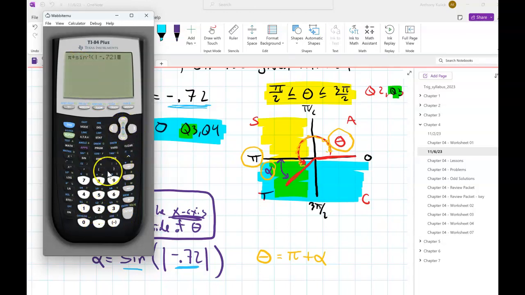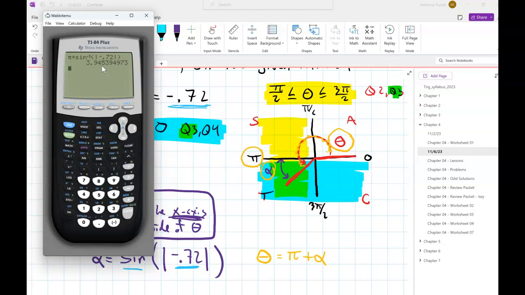Or if you wanted to skip all that, what else could we do? You just type in positive 0.72, right? You just do the absolute value in your head. So I get the value 3.95. Everybody's okay there?